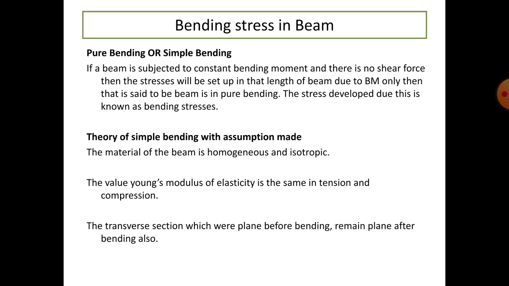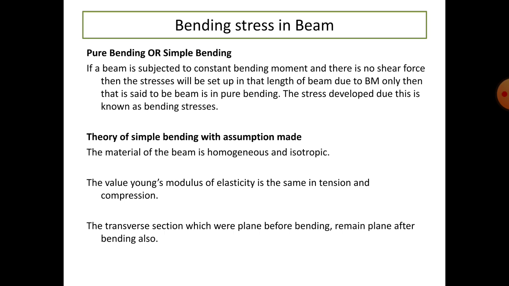Understood? So for simple bending, there are some assumptions made. In the simple bending theory, there are some assumptions made, because in reality we will not get pure bending beams, because there will be a shear force in the beams.